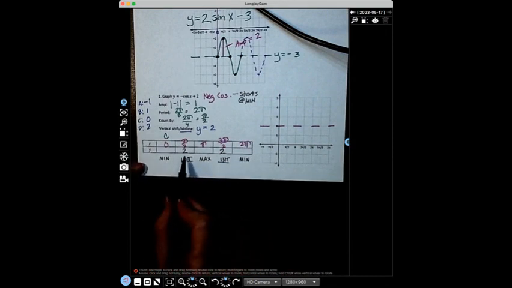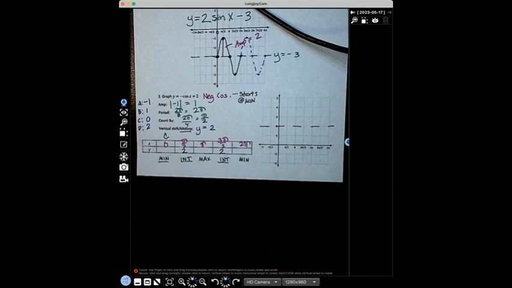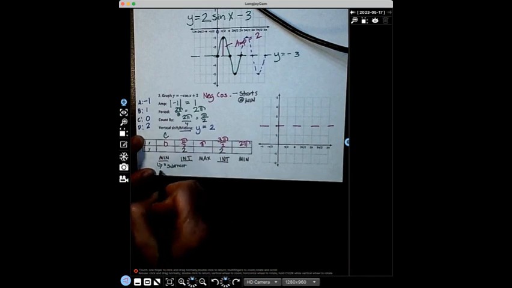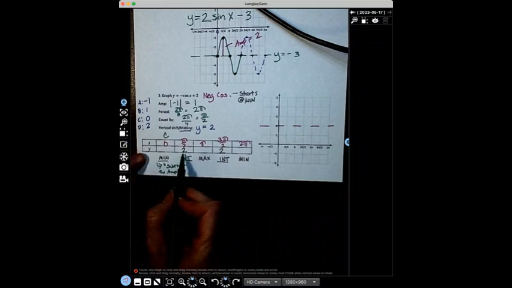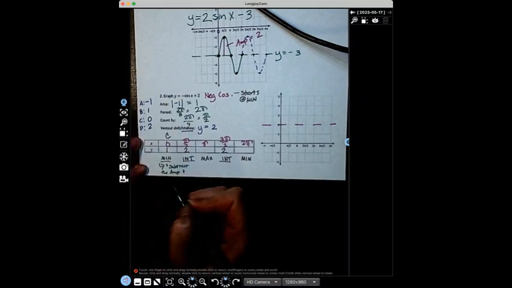So there's my midline. My minimum is going to subtract the amplitude. Let's write that down in our notes. How do we go to the minimum? We subtract the amplitude value. So 2 minus 1 equals 1.